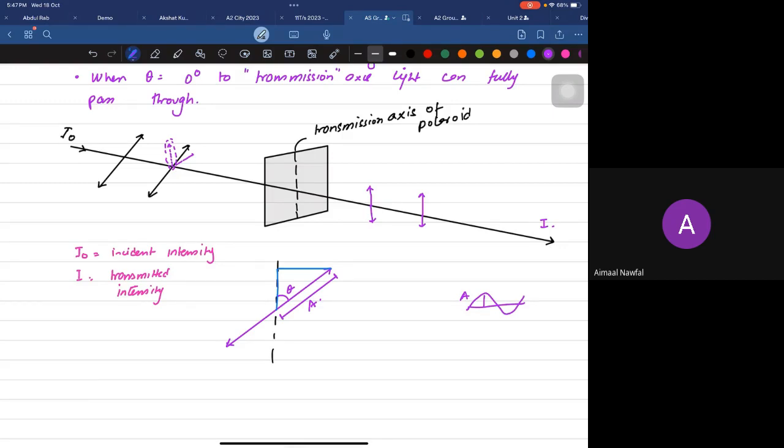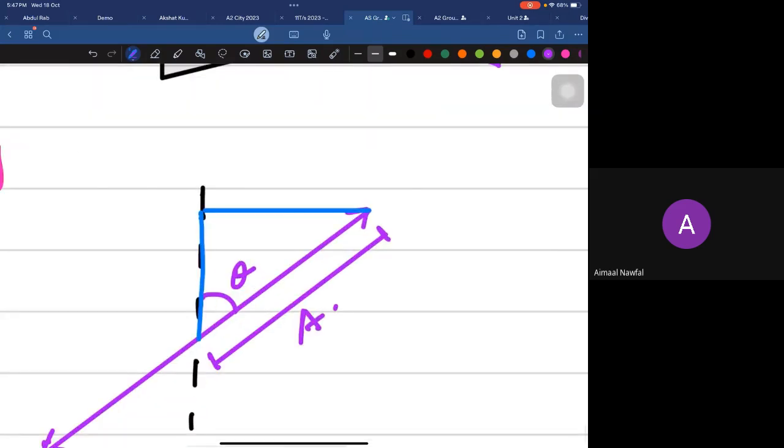Which means this is 90 degrees, and if this is the amplitude, then cosine theta is the adjacent over the hypotenuse.